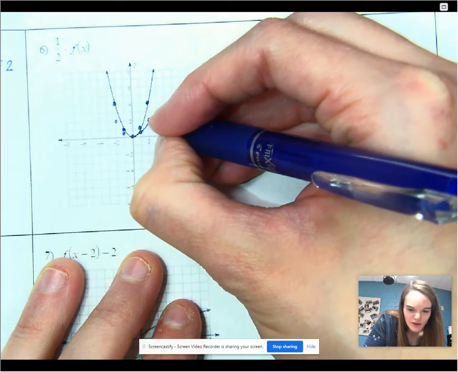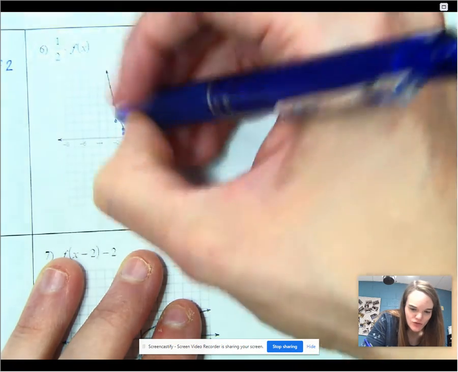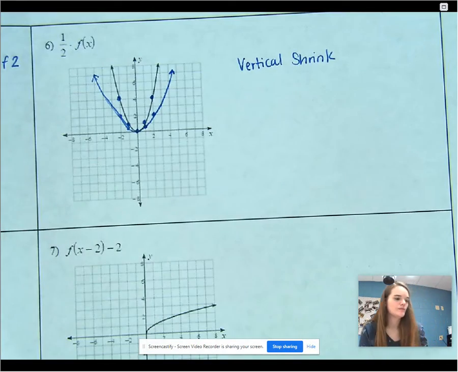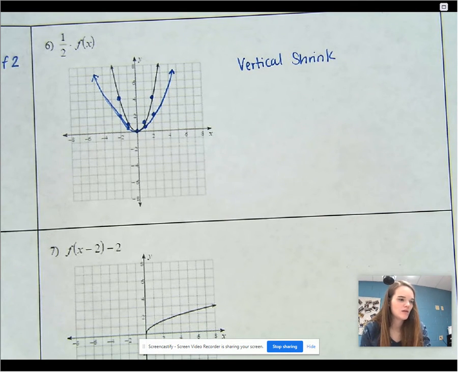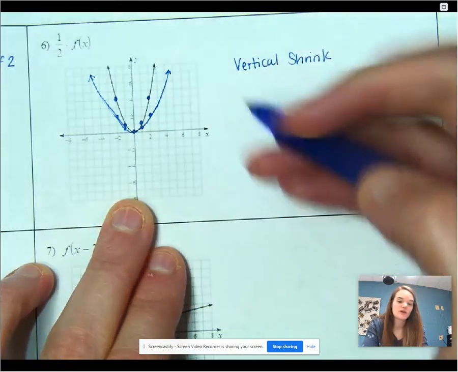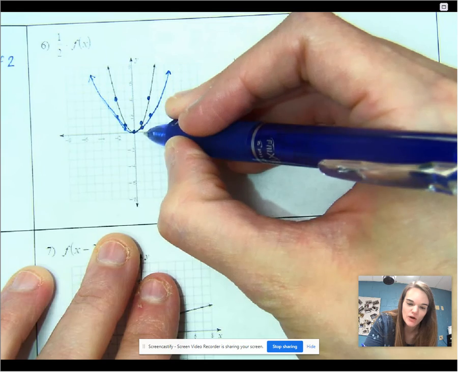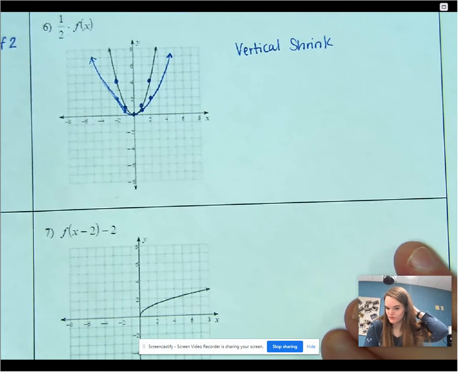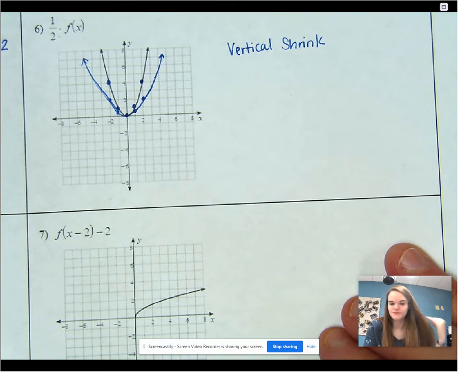It's going to be mashed right on down there. So I just took these points and I halved them. This was sitting at 1, 1, so it's now 1, 1/2. This was sitting at 2, 4, so it's now 2, 2. Half of the value. So it shrunk it right on down there.